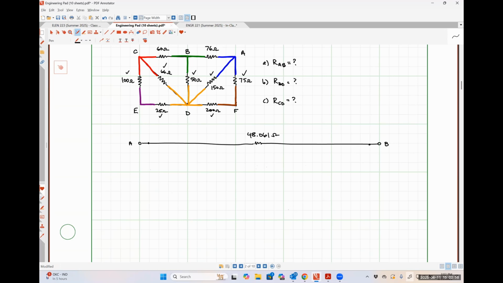Okay. So that is my process for combining resistors when it's not obvious to me how things are connected. You can do whatever you feel comfortable with. So if you learned a different way in the Engineering 120 series and it makes sense to you, that's great.